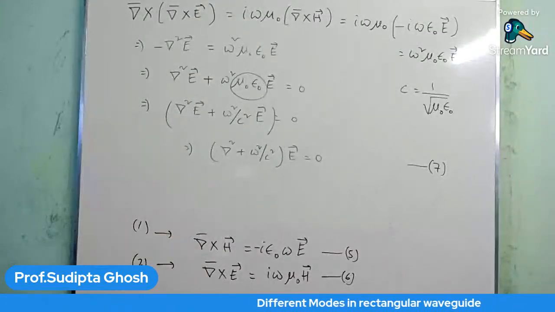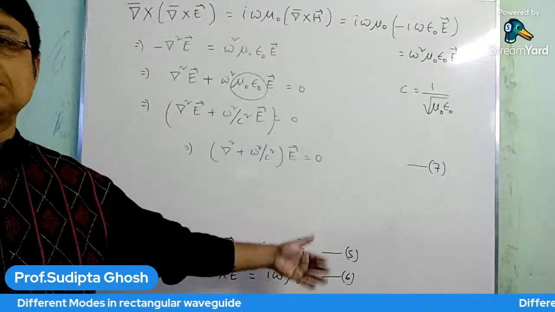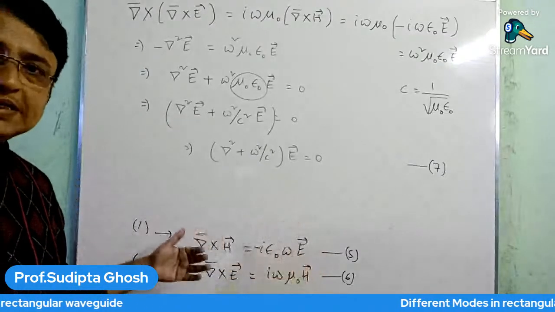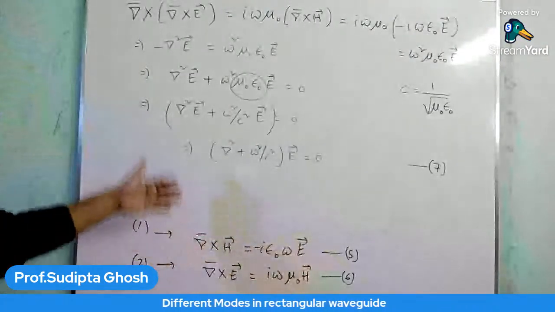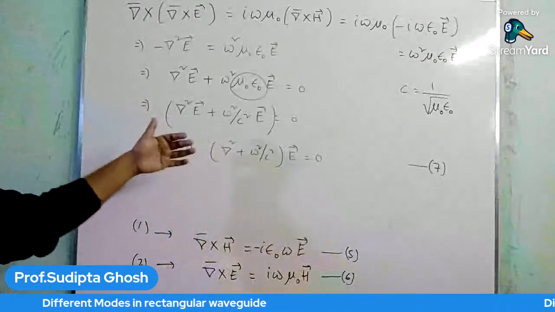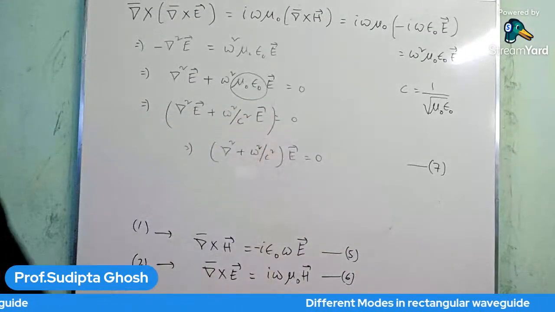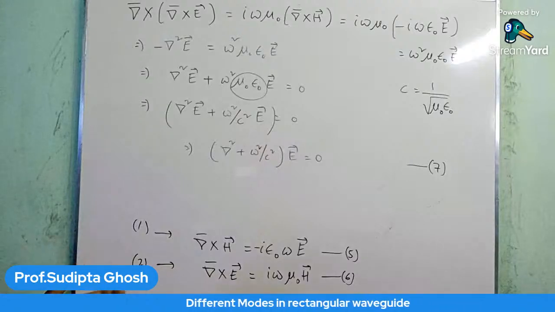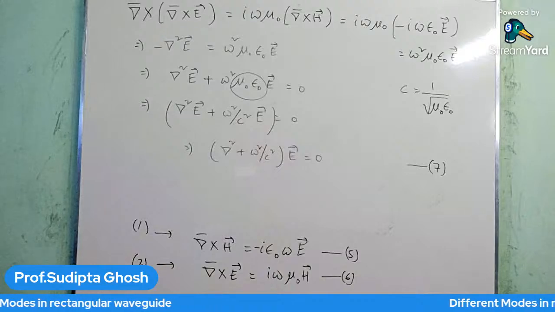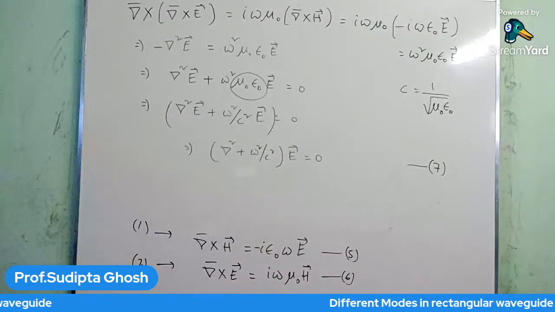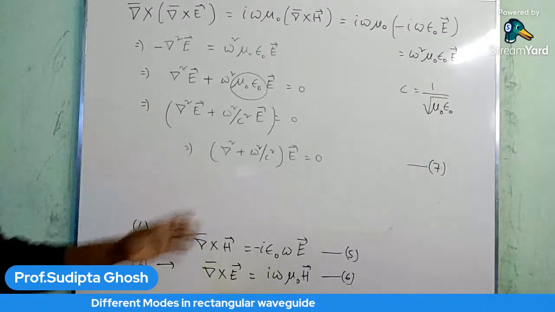For this, you take the curl of equation number 5 and substitute the value of equation number 6 into the right hand side, and you will get delta square plus omega square by C square into capital H equals 0. So both the electric field as well as the magnetic field satisfy the wave equation derived in equation number 7.